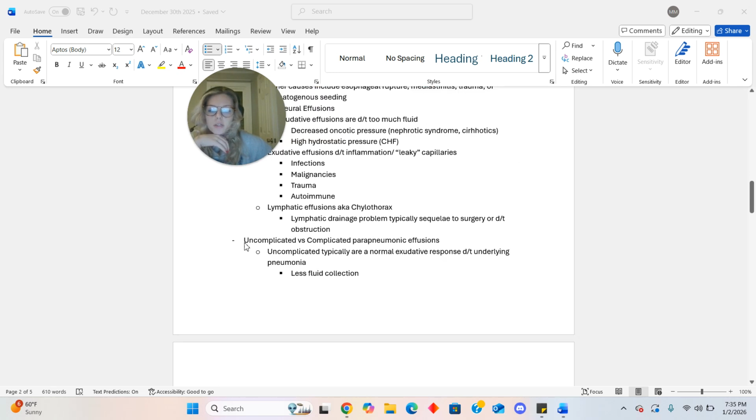So think about this. There are uncomplicated versus complicated parapneumonic effusions. I mean, it's really just a pleural effusion, but when you hear of parapneumonic effusion, for some reason it's very relative to pneumonia-type pathology. Uncomplicated parapneumonic effusions are typically a normal exudative response due to underlying pneumonia.